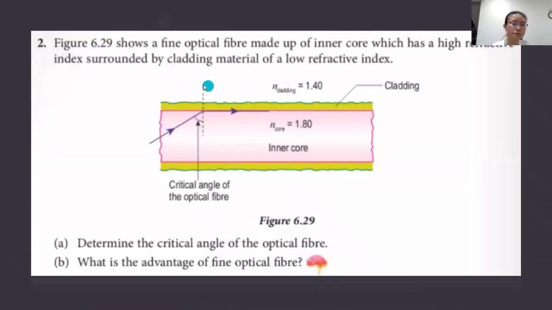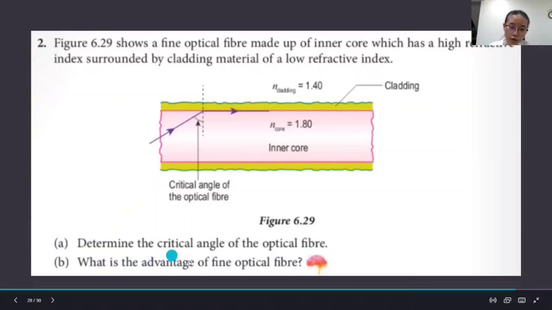The last question. Figure 6.29 shows a fine optical fiber made up of an inner core which has a high refractive index surrounded by cladding material of a low refractive index. Determine the critical angle of the optical fiber. Then, what is the advantage of fine optical fiber?